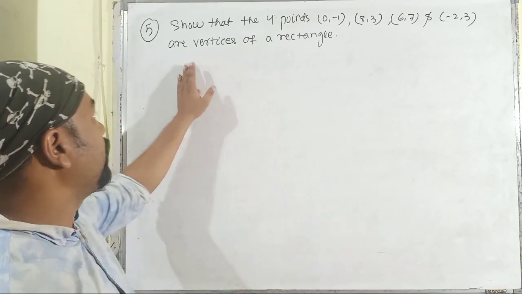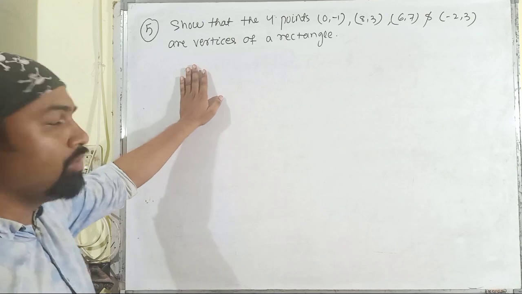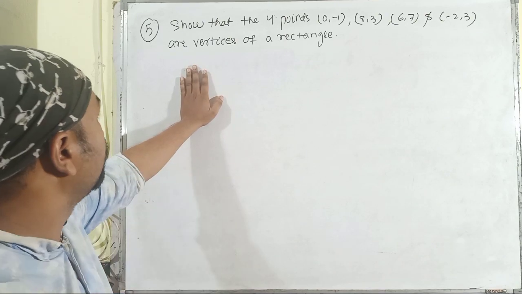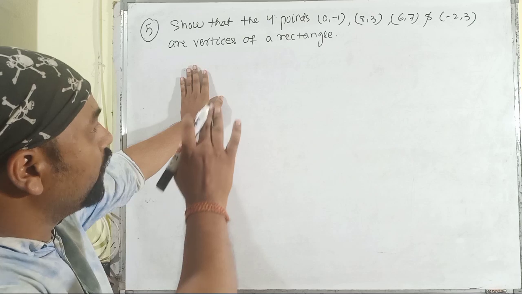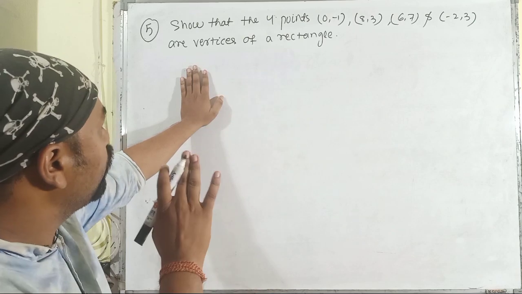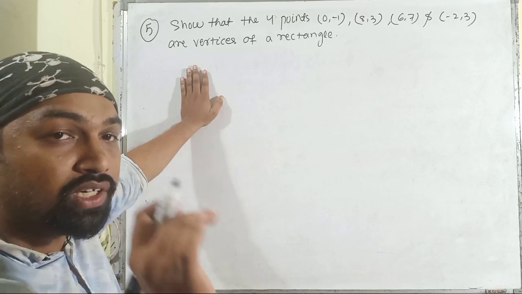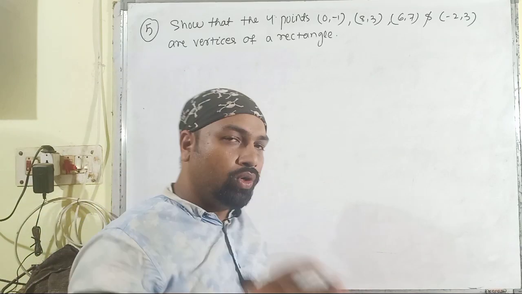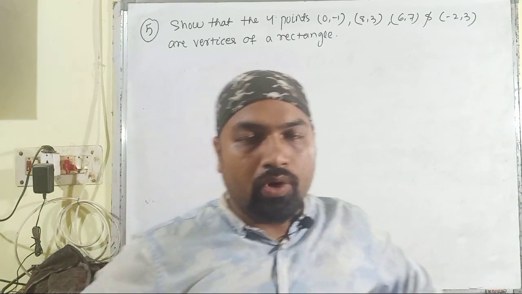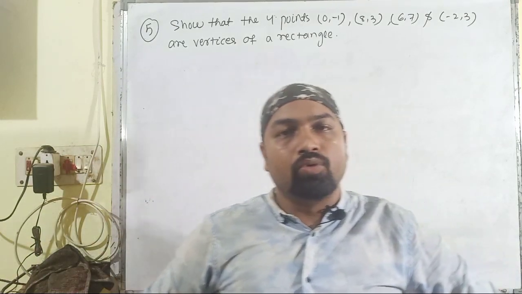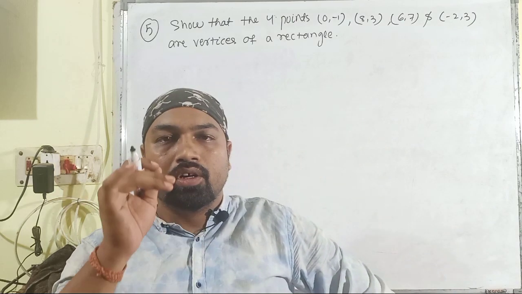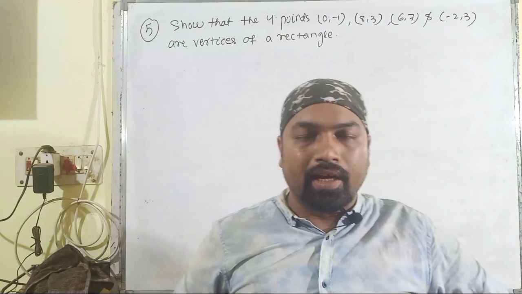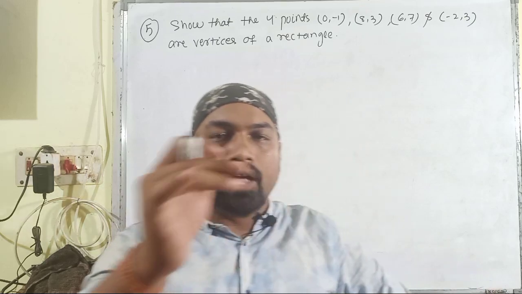Then coming to the problem number 5. In the problem number 5, it has been asked to show that the 4 points given to you are the vertices of a rectangle. So let us discuss the condition for proof of a quadrilateral as a rectangle.